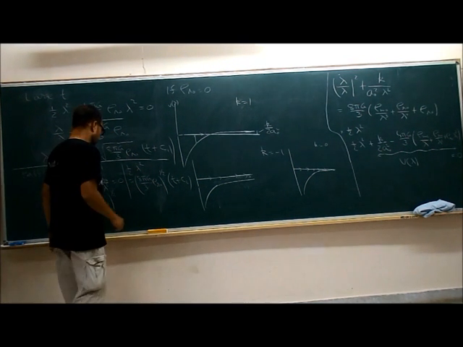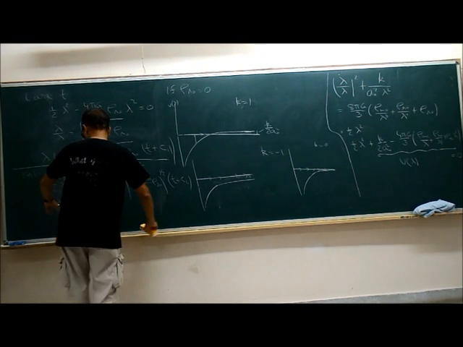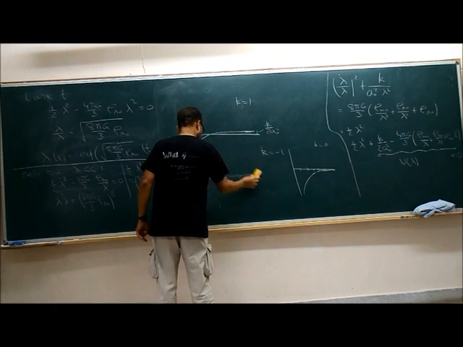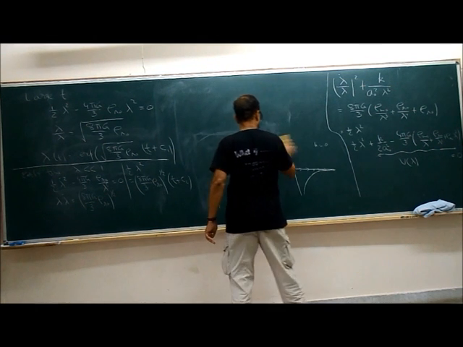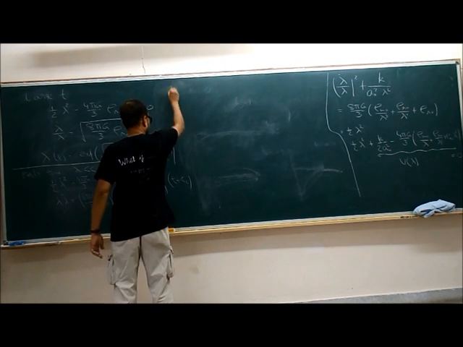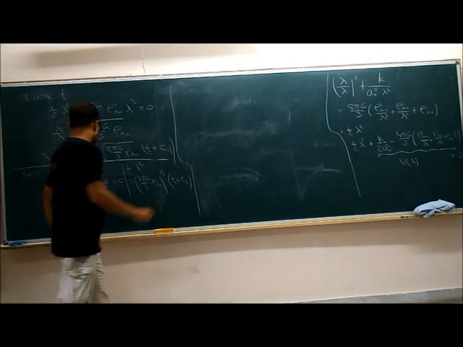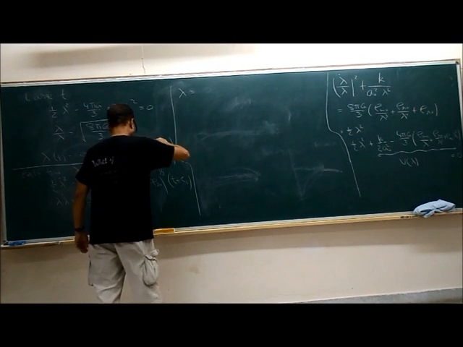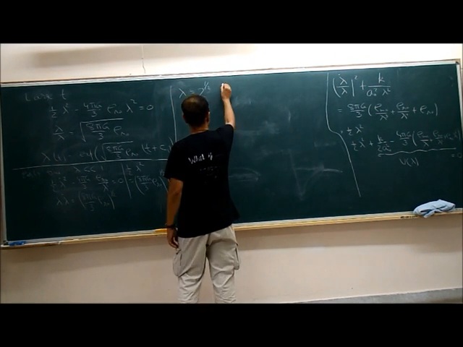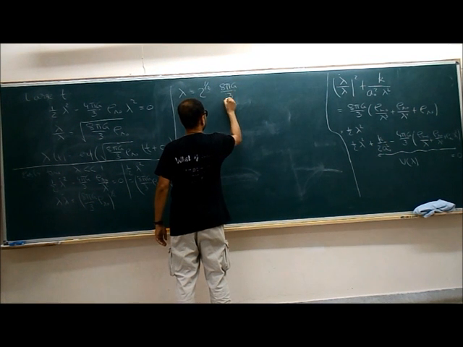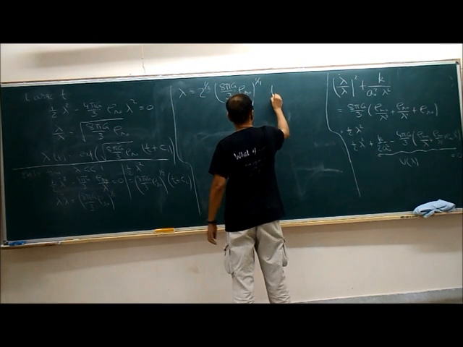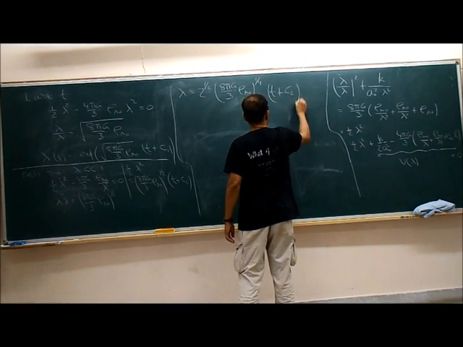I just integrated this. So this tells us that lambda is 2 to the half times 8 pi G over 3 rho r naught to the 1 quarter, times t plus c2 to the power half.